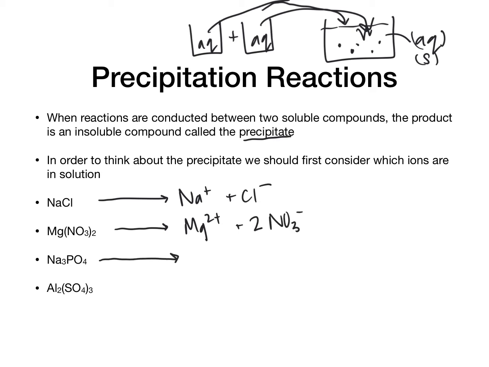Sodium phosphate is 3 Na plus and PO4 3 minus. You'll note that all of these have charges and the subscripts are important. The polyatomic ions live together, meaning the nitrate still lives as a nitrate. It does not decompose into nitrogen and oxygen. For aluminum sulfate, we have 2 Al3 plus and 3 SO4 2 minus. So in this case, all of these compounds fall apart.